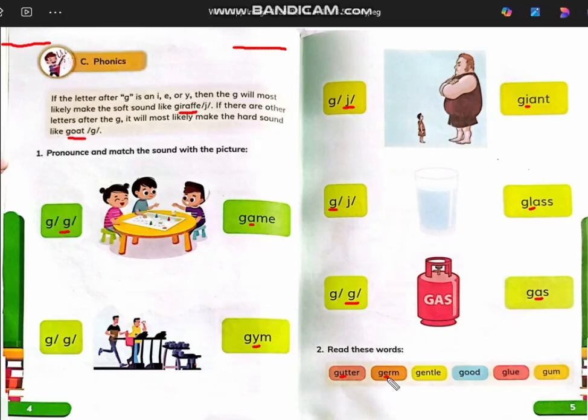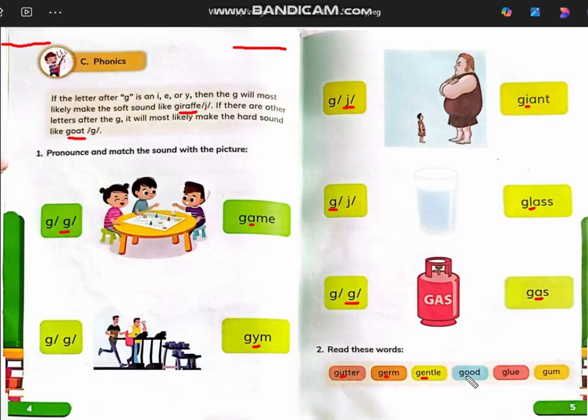Because E is there, the G is going to make the soft sound, that is J. Then the letter after G is E, and because of the presence of E, the G is going to make the soft sound, and the word will be pronounced as gentle.